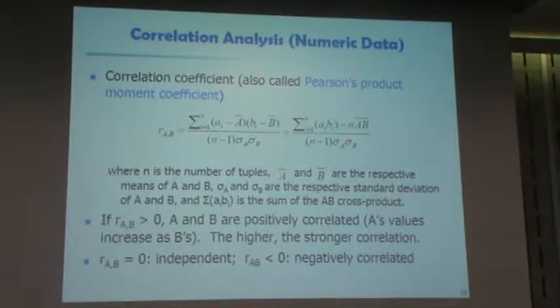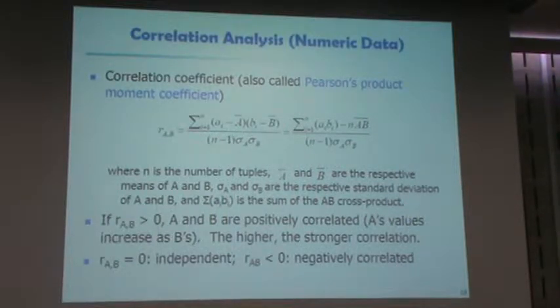Then we have the standard deviation. In case this is a positive value, they are correlated, otherwise it's independent. In case of minus, it's negatively correlated. So this one is a positive relation, and this one is a negative relation.